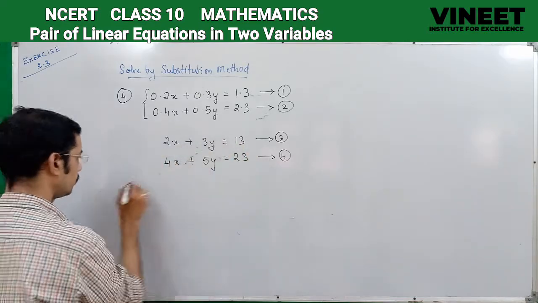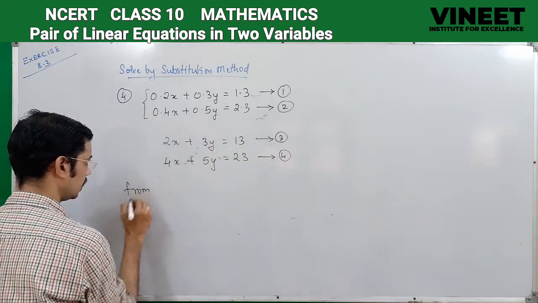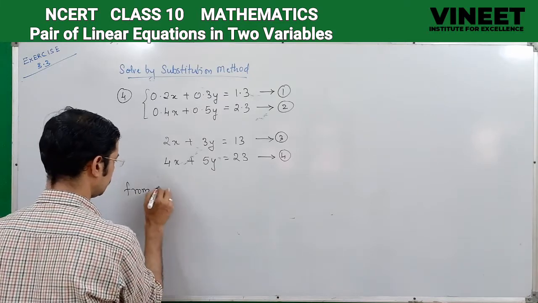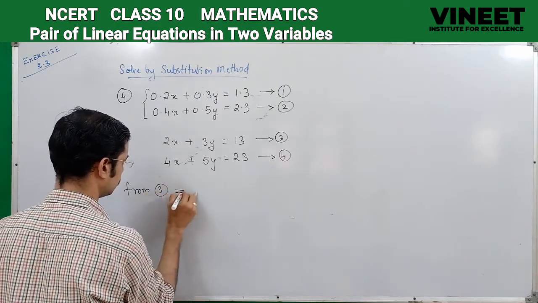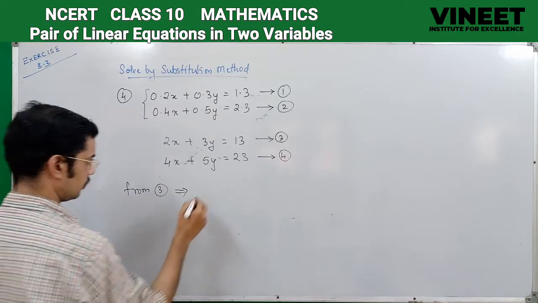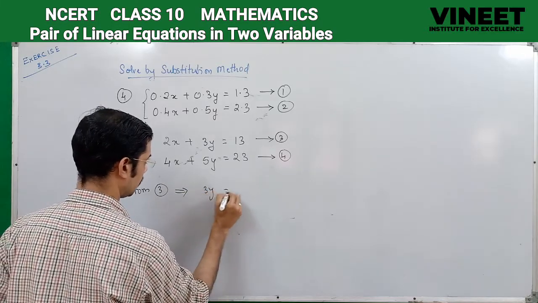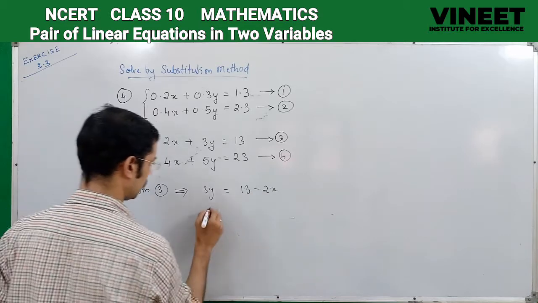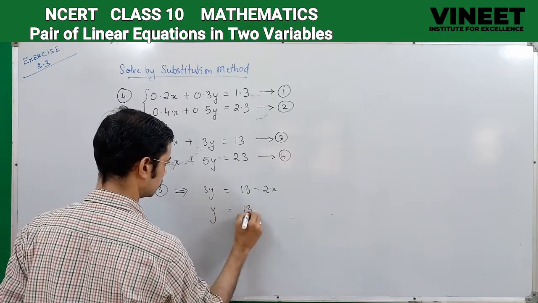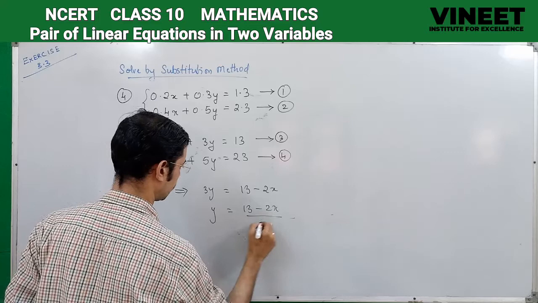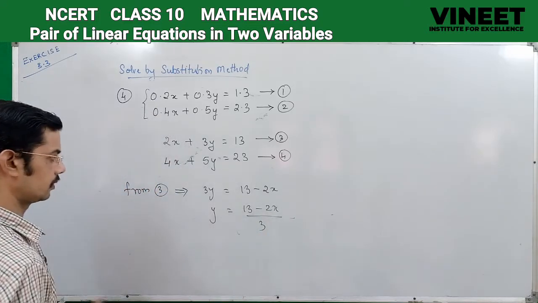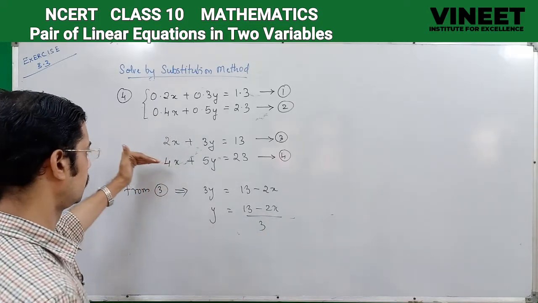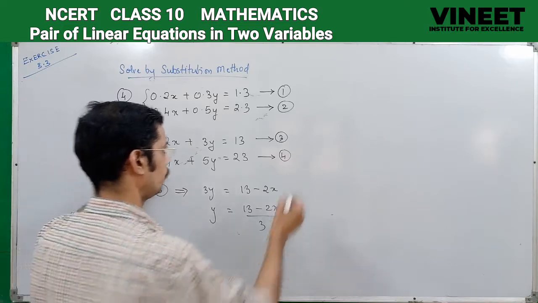So consider from equation 3, what do I get? I get 3y equal to 13 minus 2x. So y becomes 13 minus 2x by 3. Now it can be substituted into equation number 4.